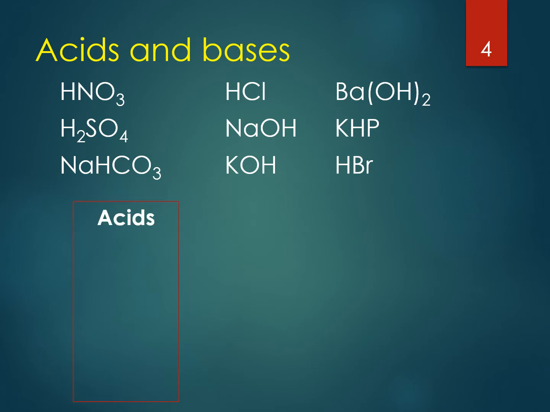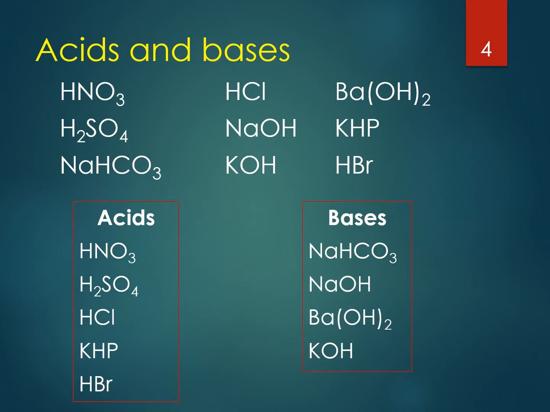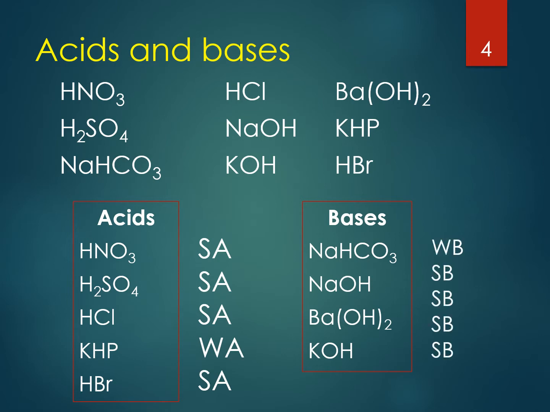And remember in our Gen Chem, these acids and bases are classified as strong or weak acid or base. So for example, nitric acid is a strong acid, and sulfuric acid is a strong acid as well, and HCl.